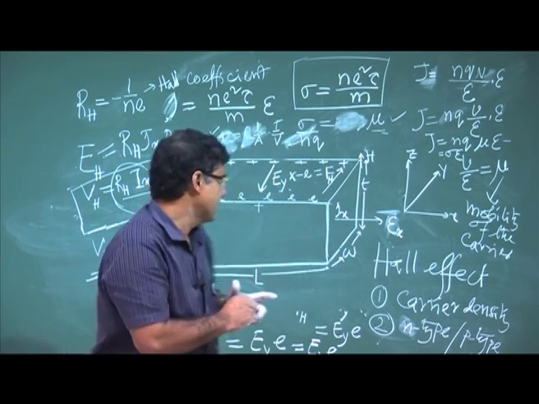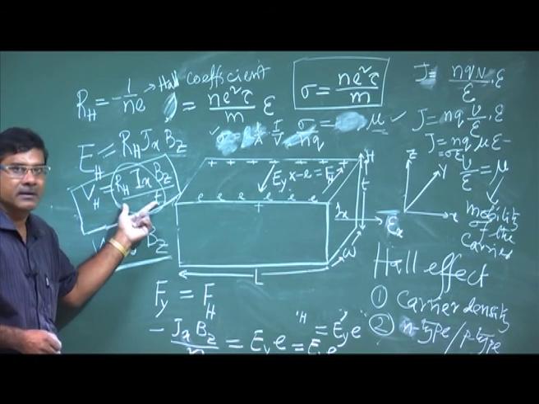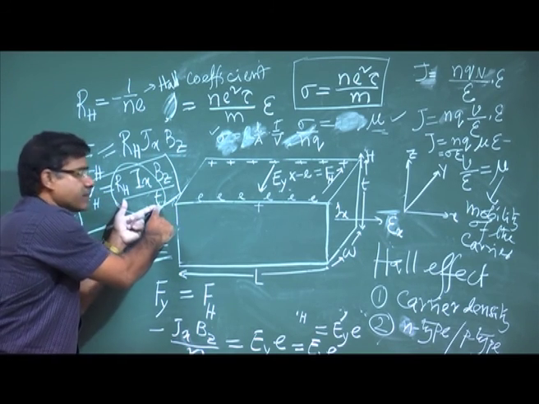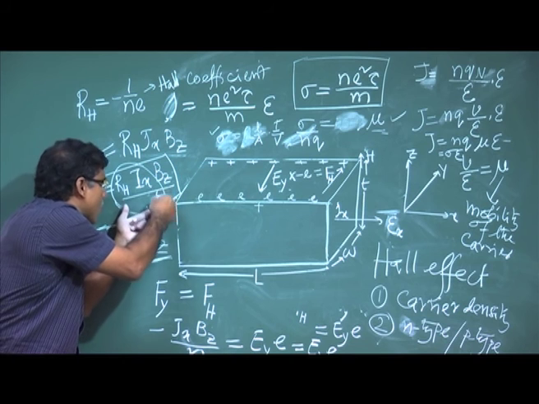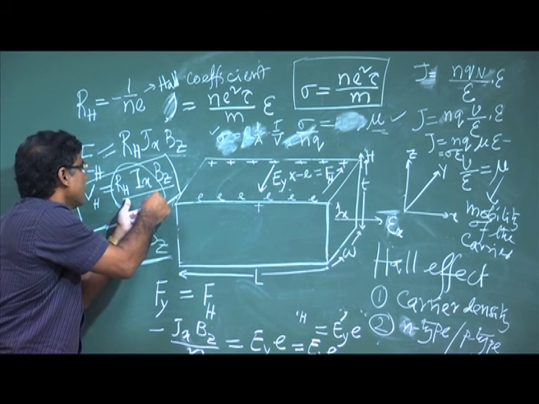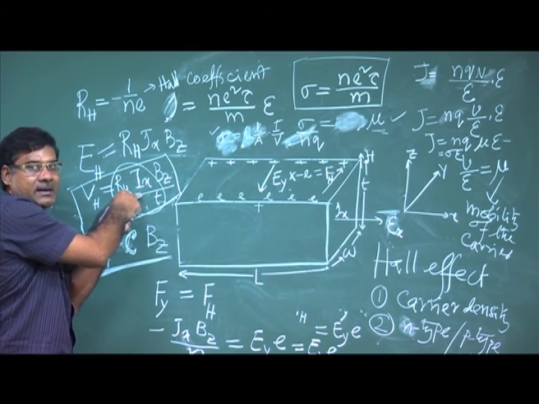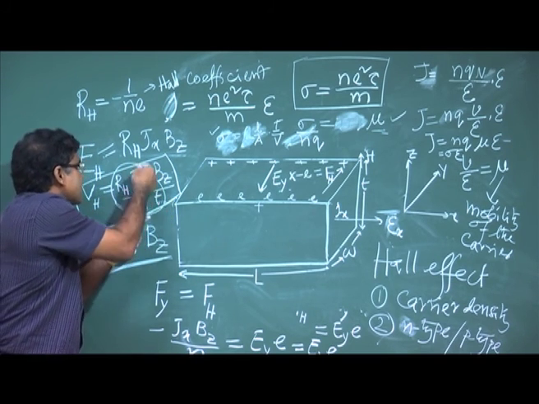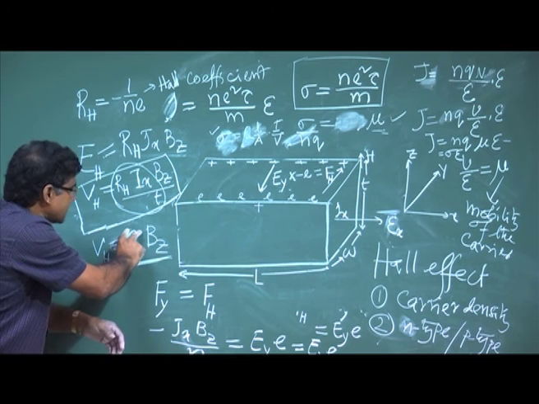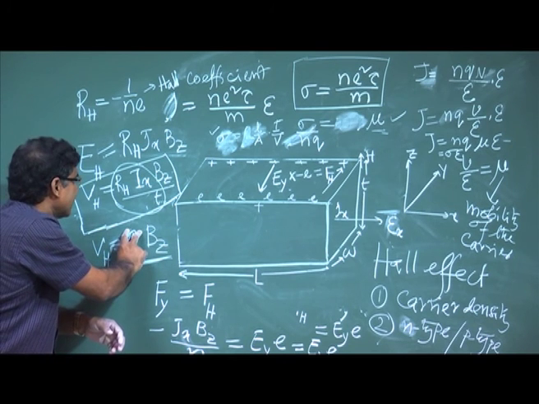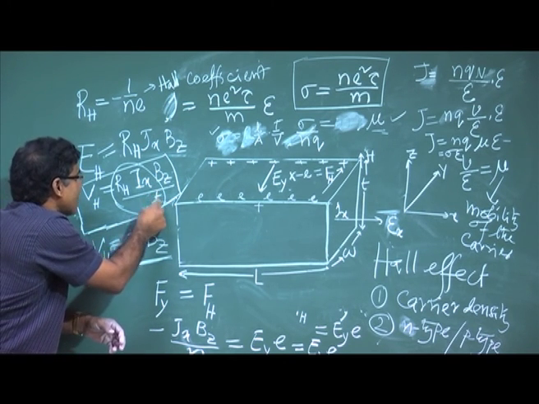After that, T is in the denominator, which means when T is smaller, this factor, this constant, will be higher. If T is higher, this factor will be less. So, we can control this constant with this.